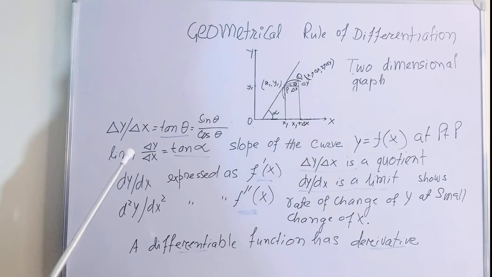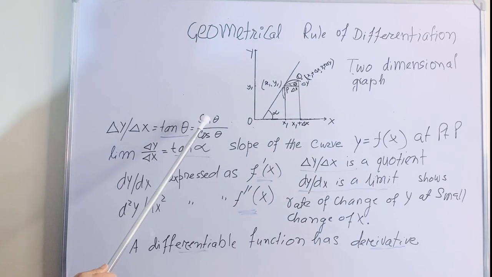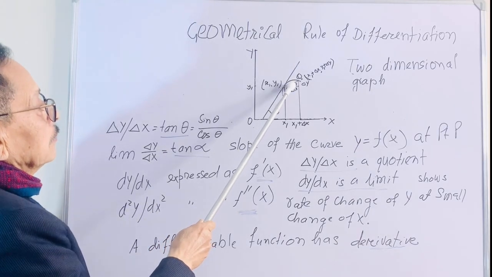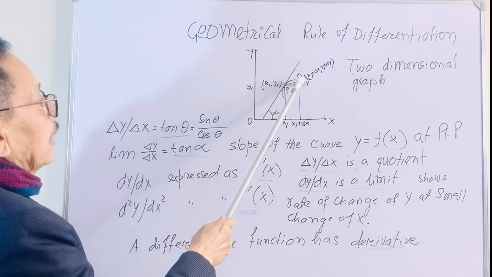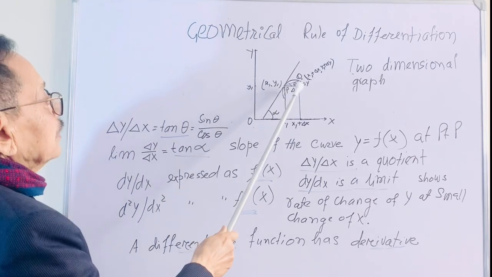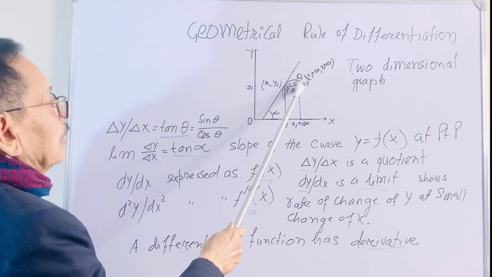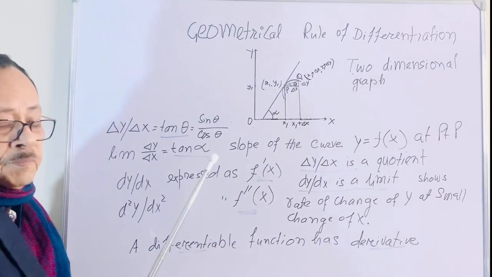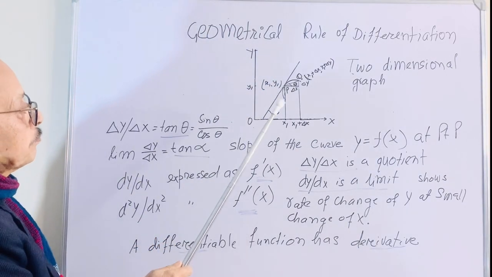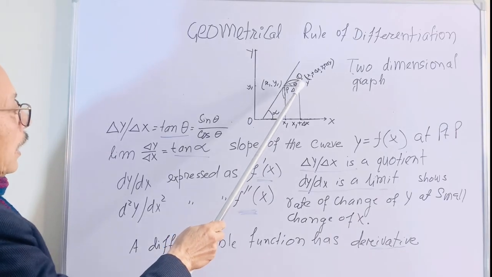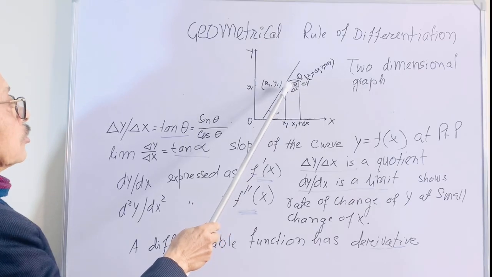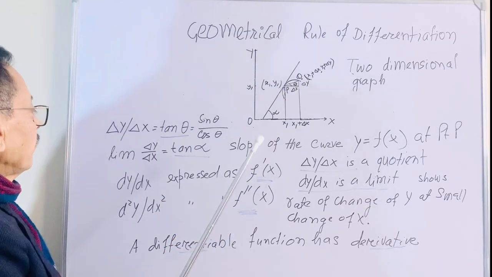We know in trigonometry, tan theta is sin theta by cos theta. If this is the angle theta, delta y is the perpendicular and delta x is the base. So perpendicular by base is the tangent of the angle theta. This ratio is called the slope of the curve at point P.